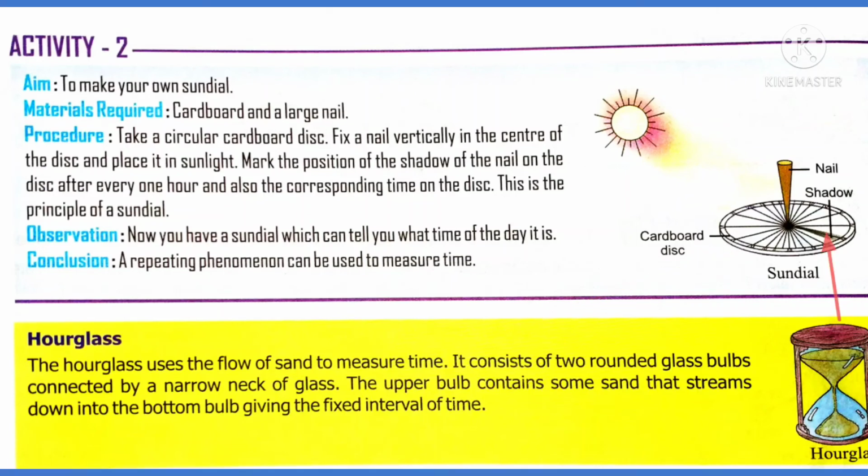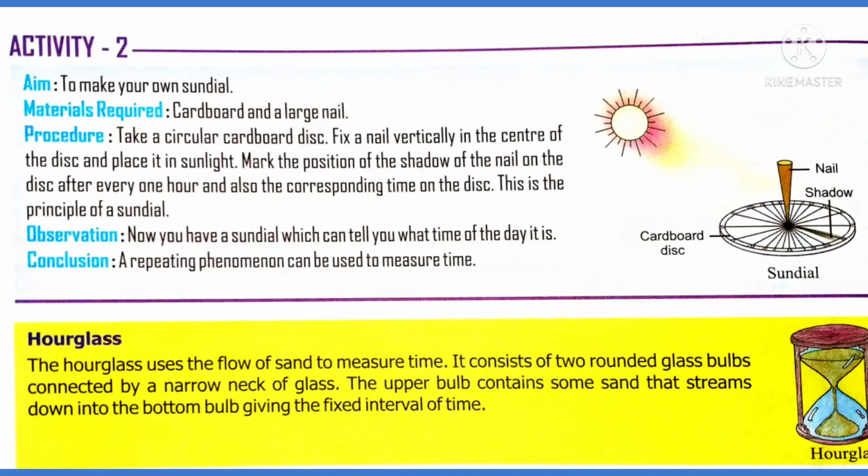You know that the shadow's length will be more in the morning as well as in the evening, and the length of the shadow is very little in the afternoon. So, by measuring the length of the shadow caused by the sundial, they used to measure the time, whether it is morning, afternoon, evening, or late night.